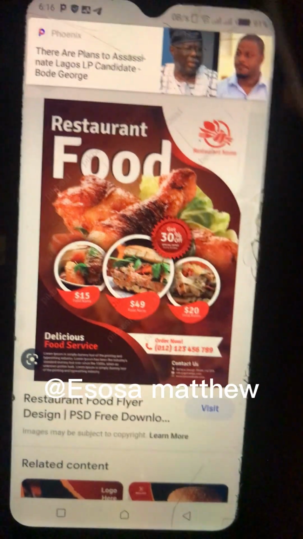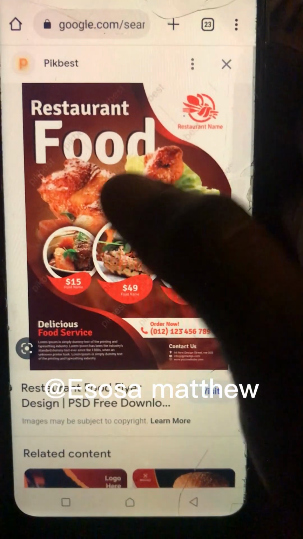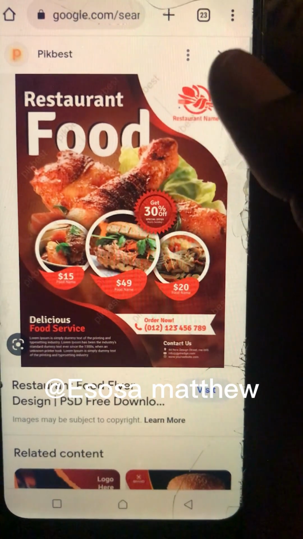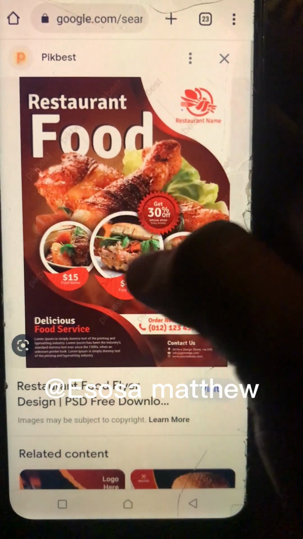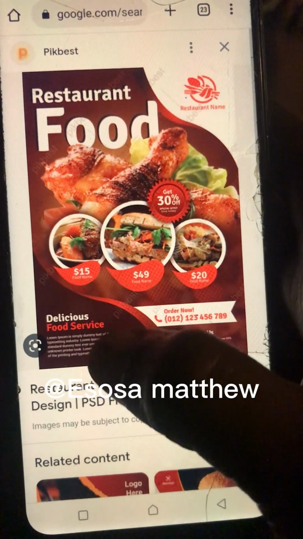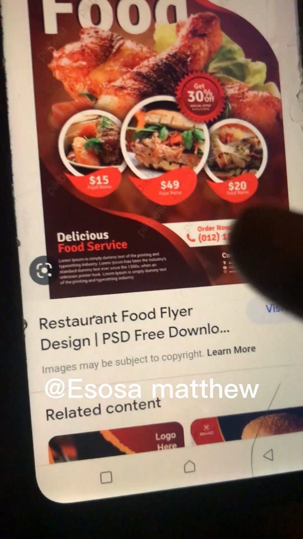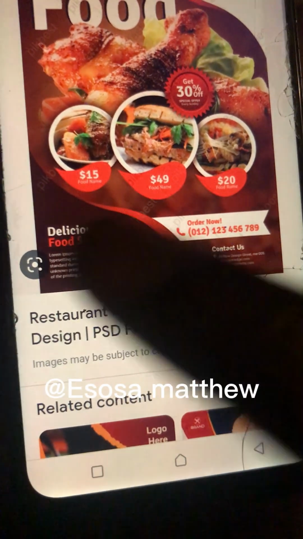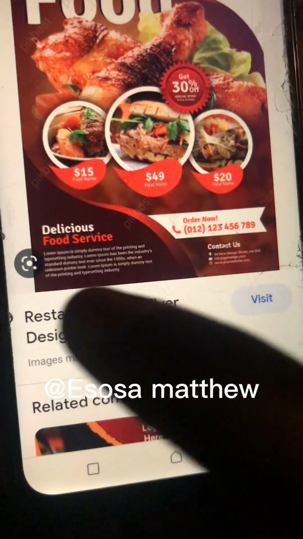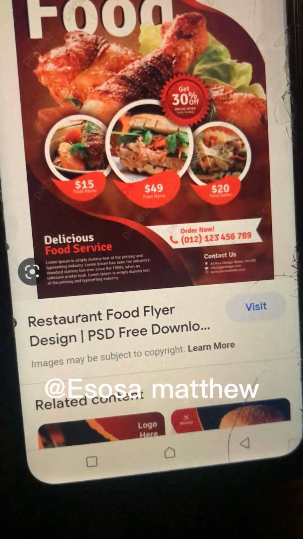When you look into the image, you see restaurant food and you see images of the type of food that they sell. These are the graphics. Then this delicious food service, with whatever is written under here in smaller text that is not bold, this part is the main content.